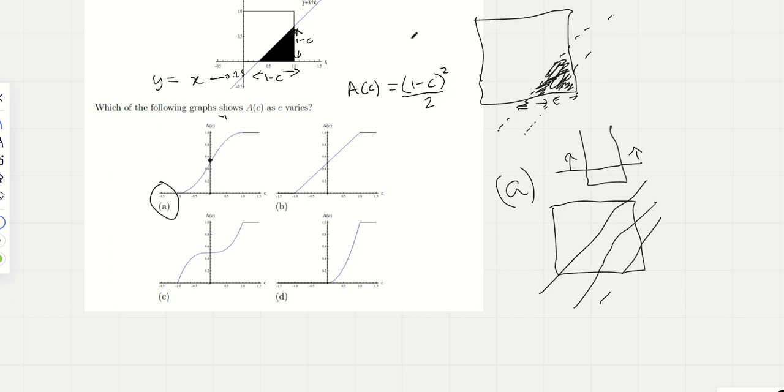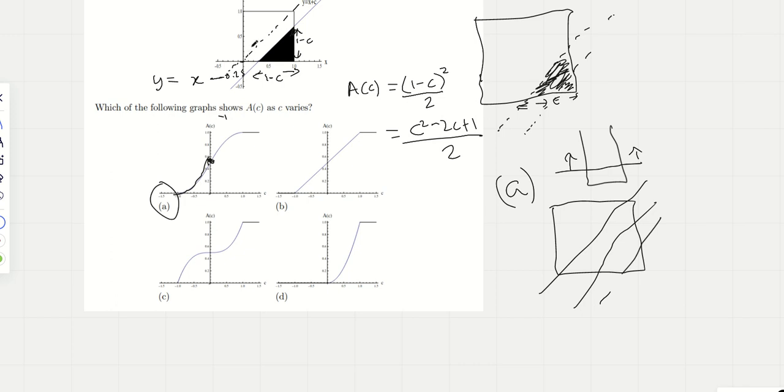Now, this is a graph of A of c on the y-axis and c on the x-axis. And so we can see it's got to have some kind of a quadratic curve. And by the way, this only works up until you get up to here. So it must look initially from minus 1 up to 0 like a quadratic, just like this one does. And what's more, it's a right way up quadratic, because that's really (c squared minus 2c plus 1) over 2. So it looks like a right way up quadratic up to there.